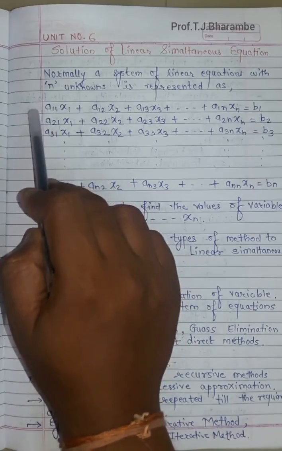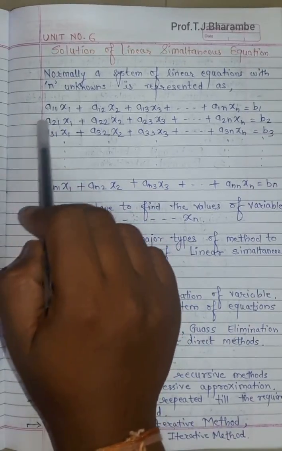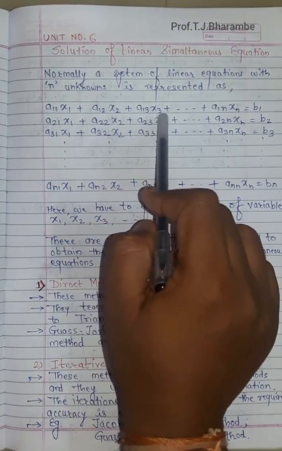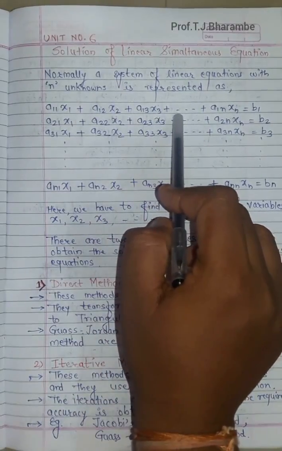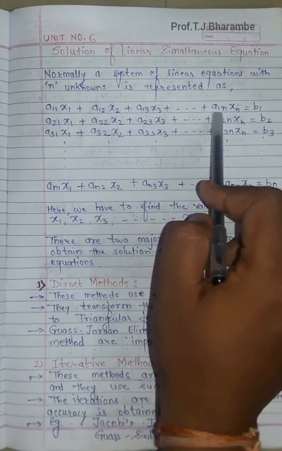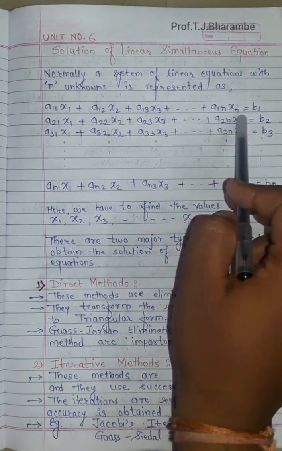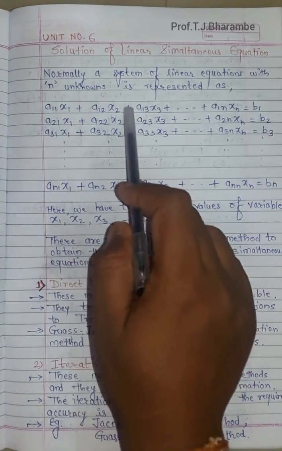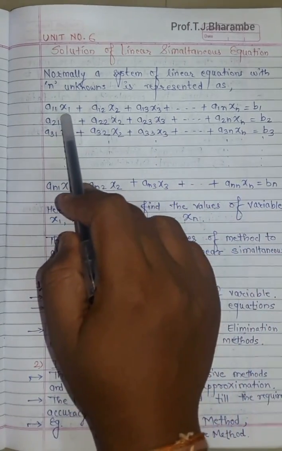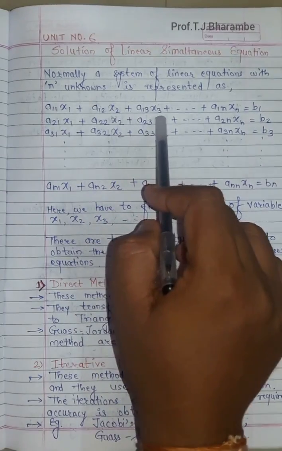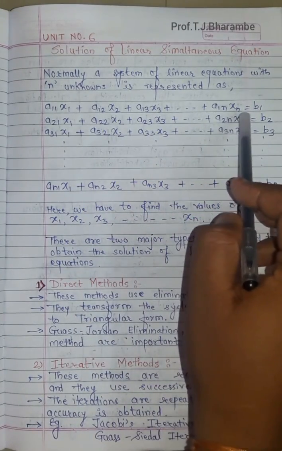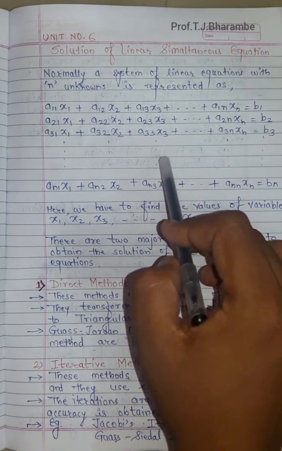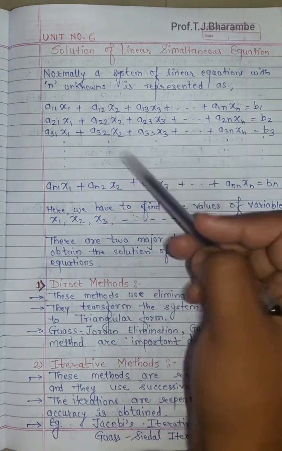So see here, the first equation will start from a11 x1 plus a12 x2 plus a13 x3 plus a14 x4 up to the last term, that is a1n xn is equal to b1. In all these equations, x1, x2, x3, x4, x5 up to xn are the variables whose values we have to find out.